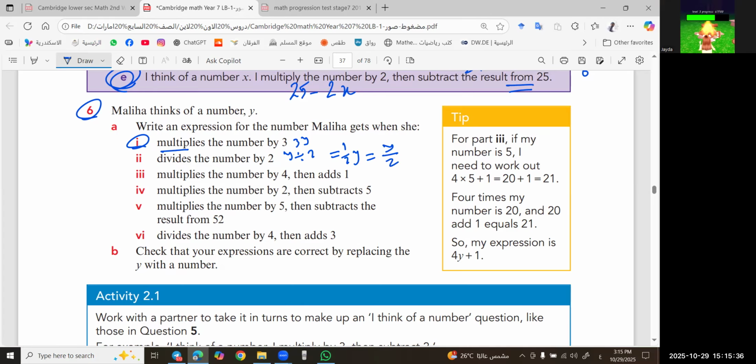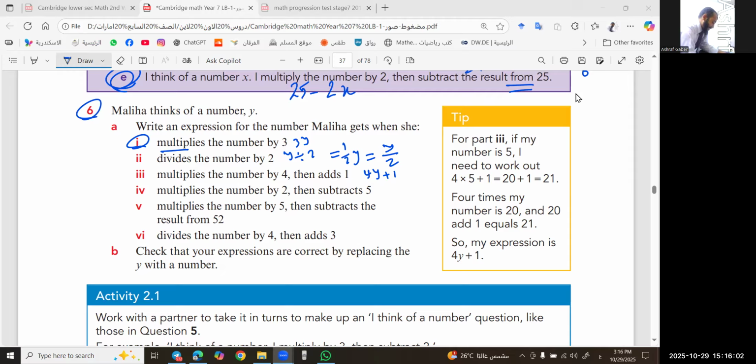3. Multiplies the number by 4, then adds 1. So 4y plus 1. 4y plus 1. Yes, correct. 4. Multiplies the number by 2, then subtracts 5. 2y minus 5.